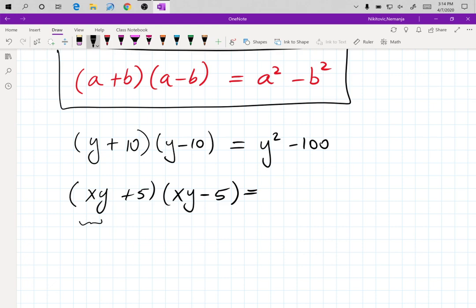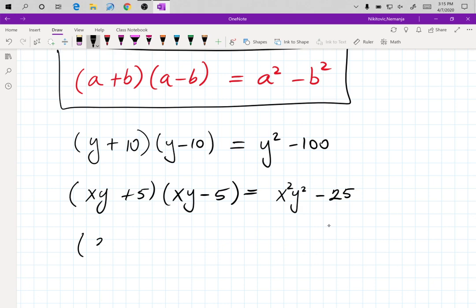Well, the first one, the second one, they're repeated. So take the first one and square it. That's x squared y squared minus 5 squared, which is 25. As soon as you learn the formula, all you need to do is square each one independently and make sure that you are squaring every member correctly, and you're done.